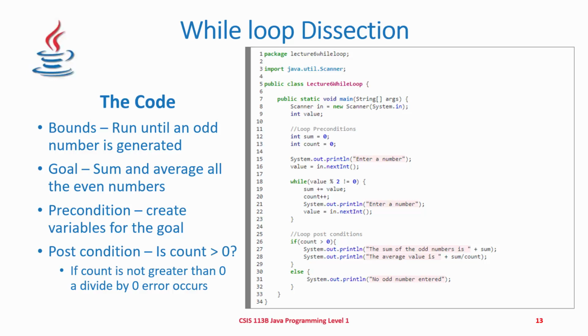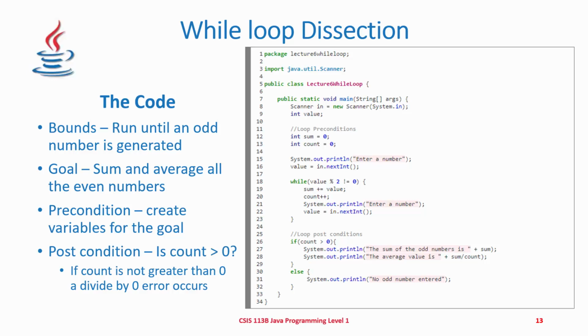And then outside of the loop, once the loop ends, once the user types in an even number, we're testing first of all to make sure that we have more than one. I mean, it could be the user started out by typing in an even number, right? And so that would mean that we'd have no count value. Count would still be 0 and sum would still be 0. So we're just checking to make sure that we do have at least one value in there, because we might end up with a divide by 0 error if we didn't make that check.